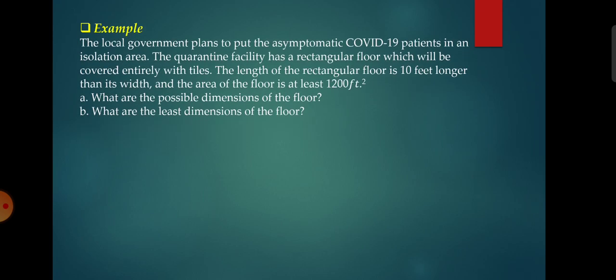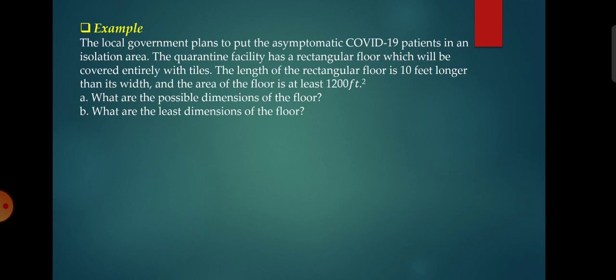Example. We have only one example here. The local government plans to put the symptomatic COVID-19 patients in an isolation area. Pandemic time, no? So, it's a fitting example. The quarantine facility has a rectangular floor which will be covered entirely with tiles.